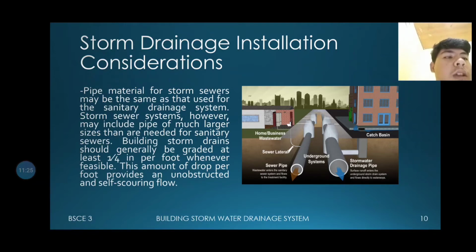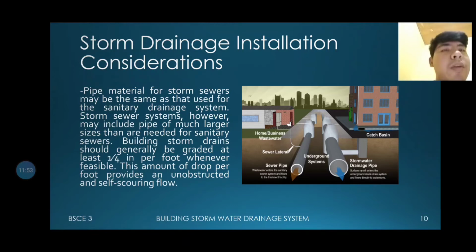So, ayon diri, may similarities lang sila sa sewer pipe pero kailangan mas gid daw siya mas dako na siya specific na size kay para tong flow sa tubig na gikan sa storm water is murag free flow lang siya, dili siya magbara-bara or magstagnant.